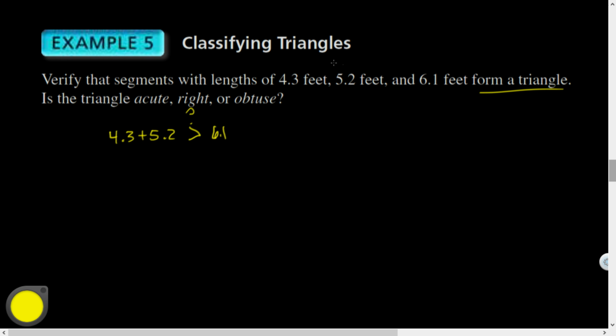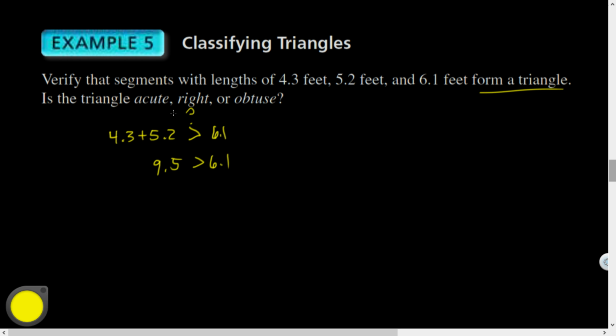I think that's the only one I'd worry about. So 4.3 plus 5.2, 9.5, is greater than 6.1. Yeah, these form a triangle.